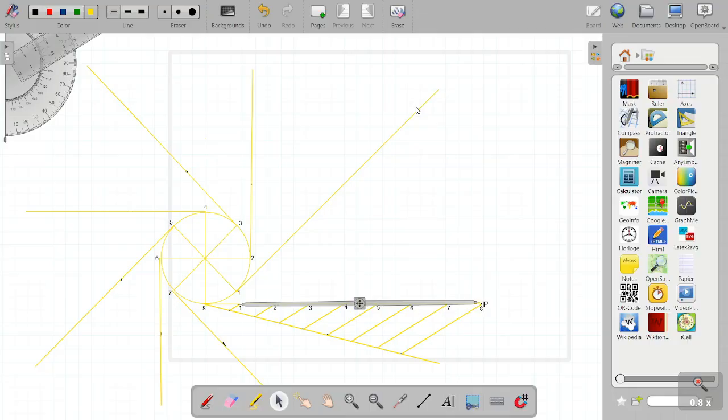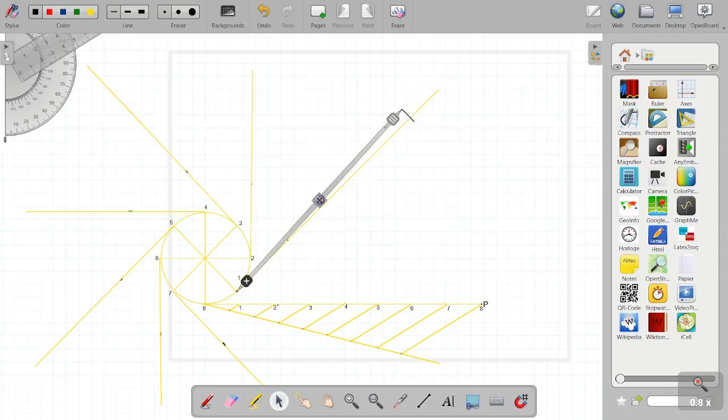But in this case, wherein we are drawing the involute of a circle, we don't have to draw an arc. We just need to take the measurement from point 1 to point P and then keep this on point 1 and cut the arc on this tangent from 1.